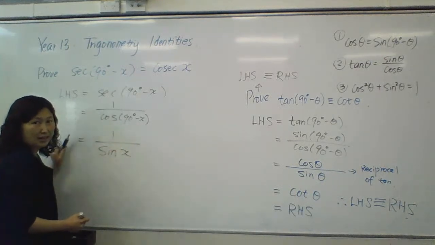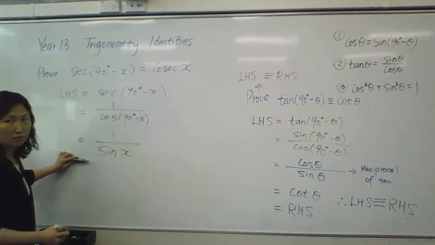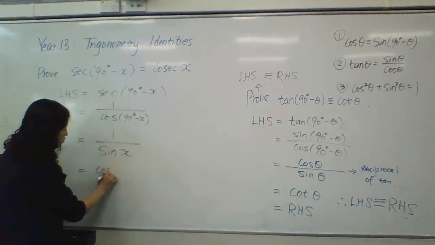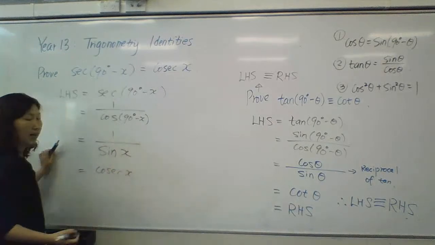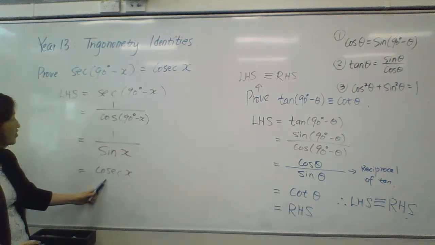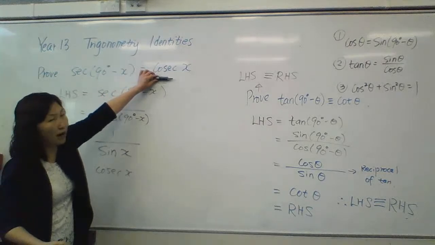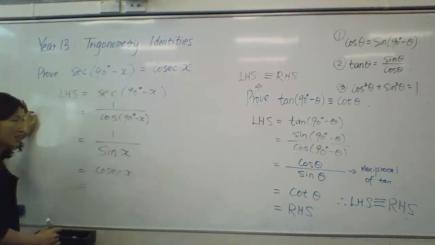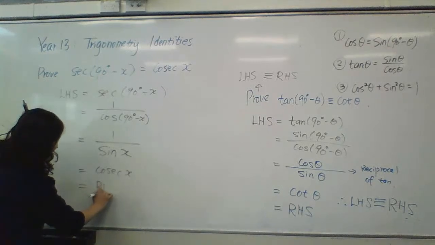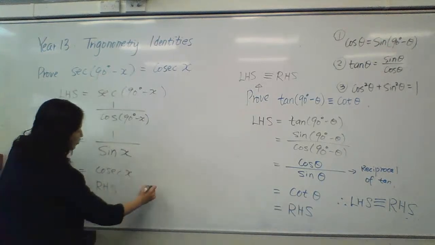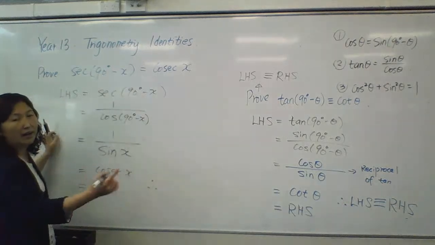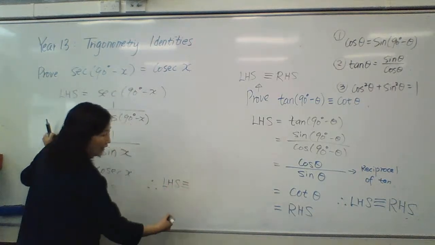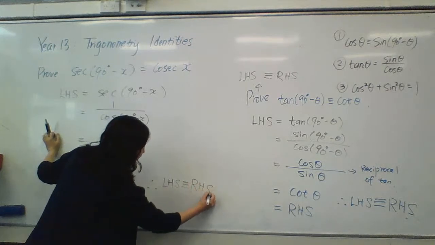So 1 over sine, which is the reciprocal of the sine, is the cosecant of x. So this is exactly the same as the right-hand side of this question. So I can make the conclusion it is equivalent to the right-hand side. And therefore, now I can make the final conclusion: the left-hand side is identical to the right-hand side.